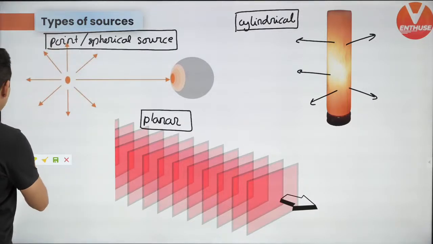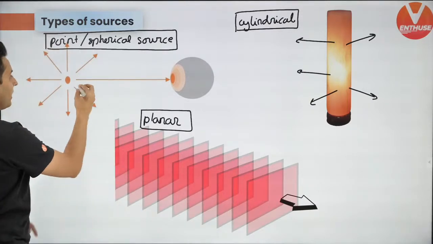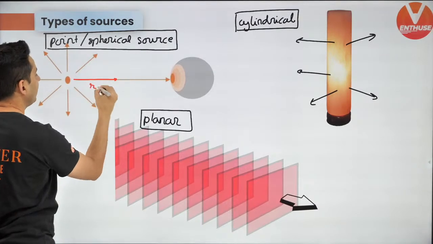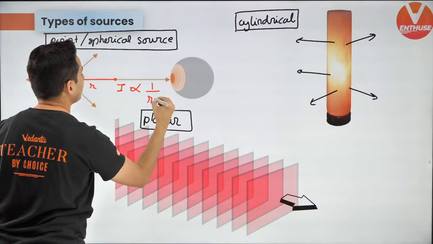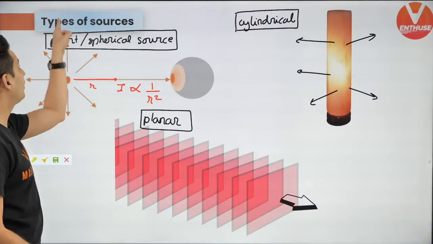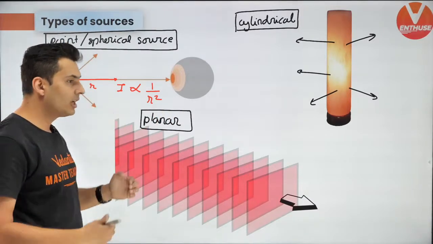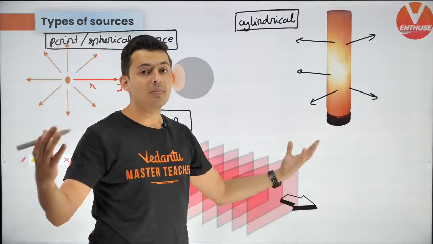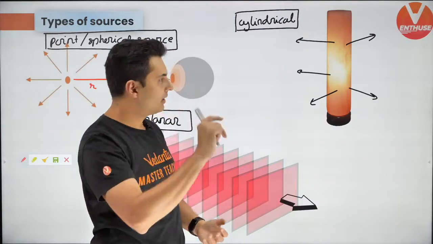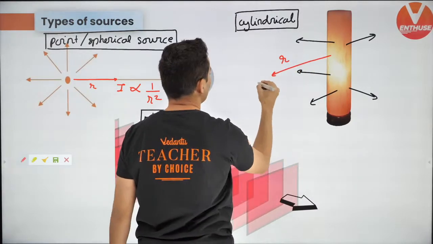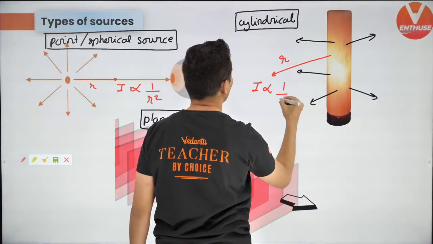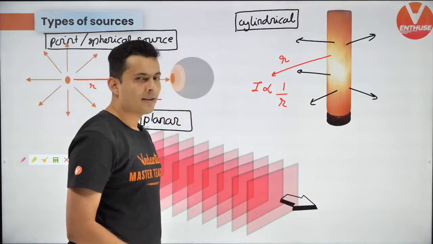Now, the important thing to remember is if you are at a distance of r, the intensity is inversely proportional to r square. Keep this in mind. For whom? For point source. But if you are away from a cylindrical source, then the intensity is inversely proportional to just r.